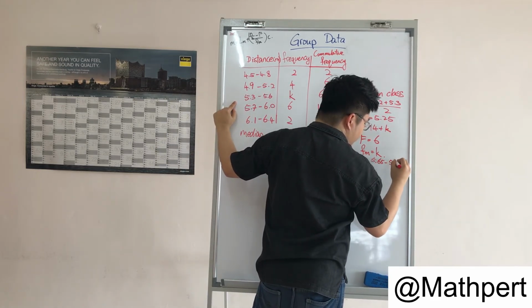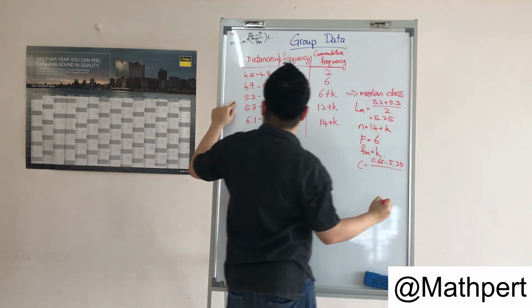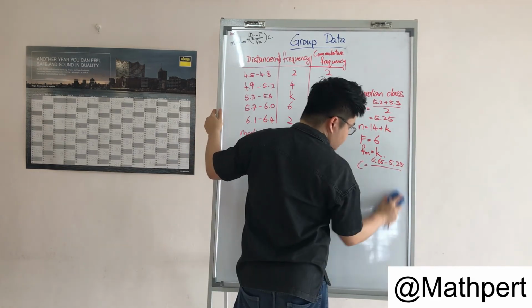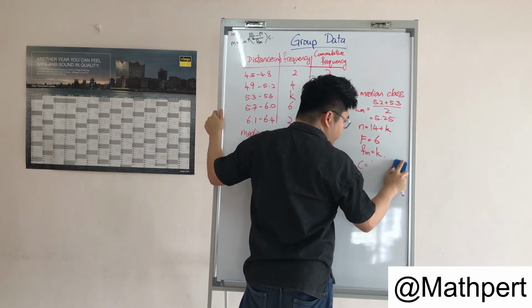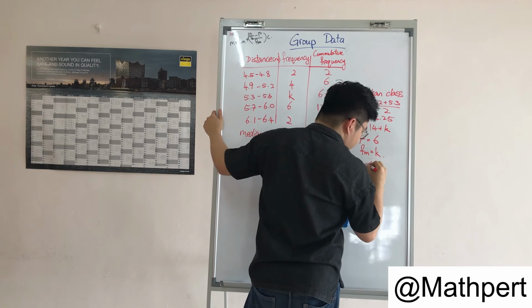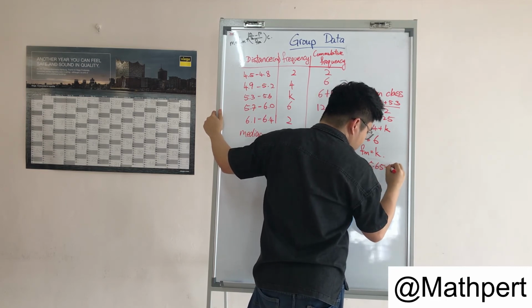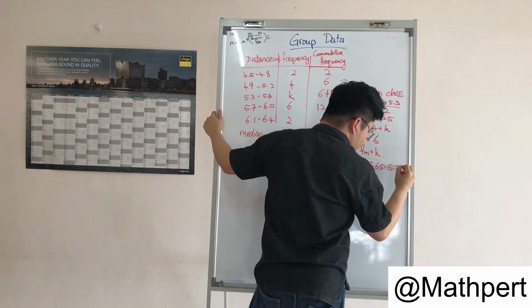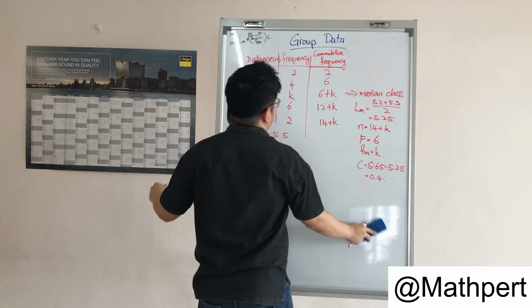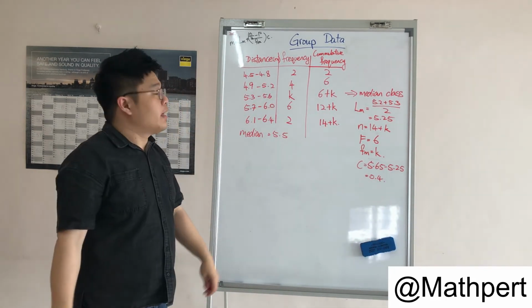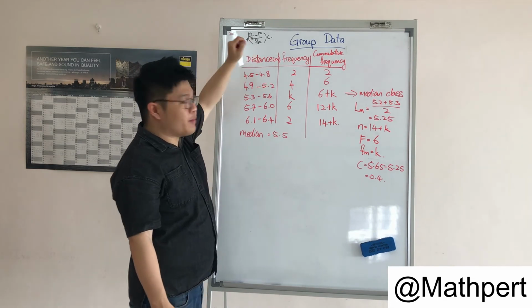So 5.65 minus 5.25, and it is 0.4. Okay, now we have all this information.